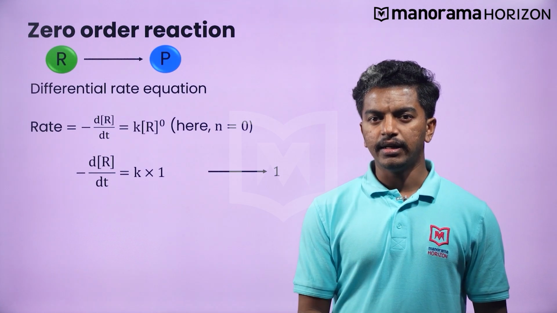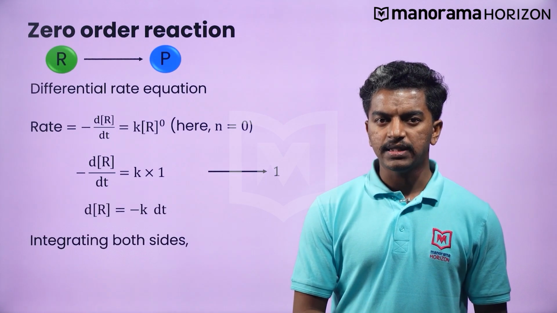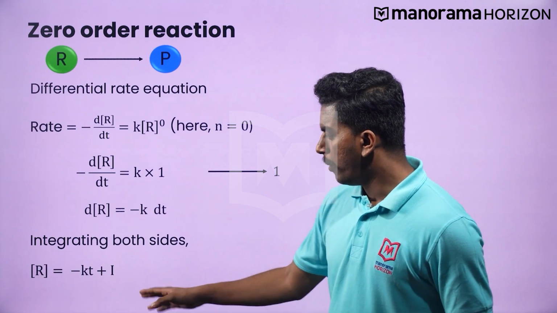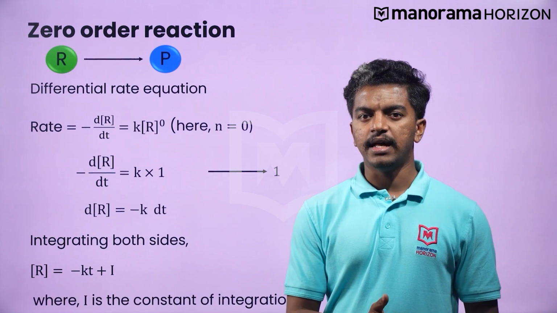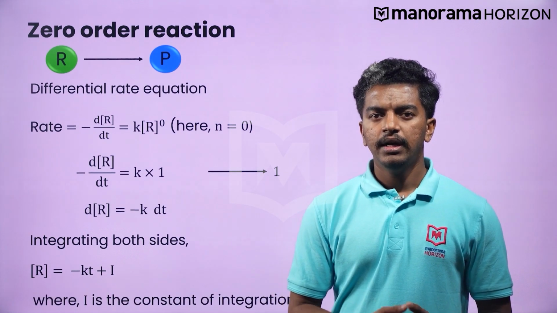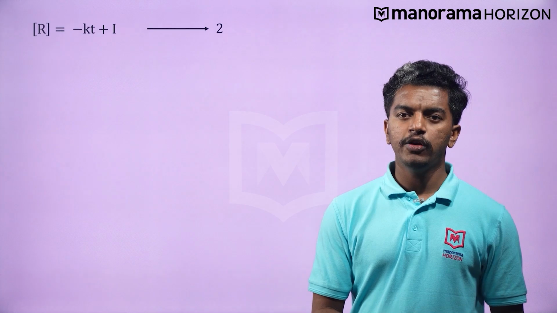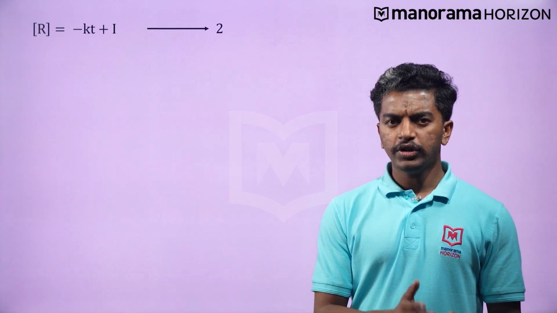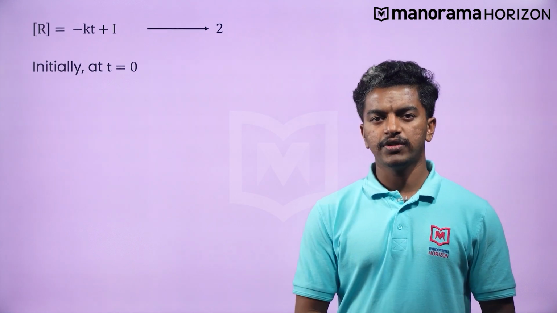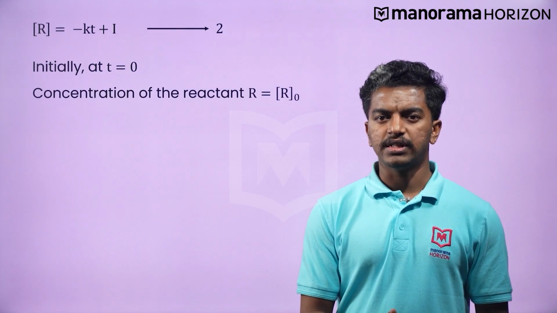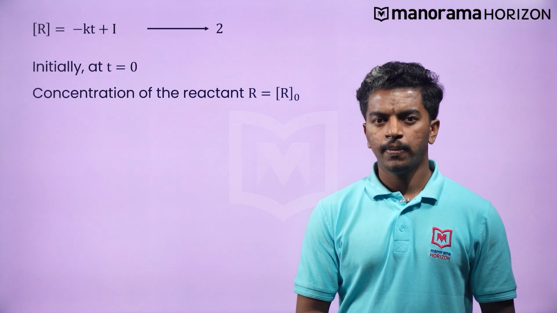Rearranging and integrating, you will get the equation as R = -Kt + I, where I is the constant of integration. Next, we will find the value for I. For that, consider the concentration of the reactant at time t = 0, the initial concentration, as R0.